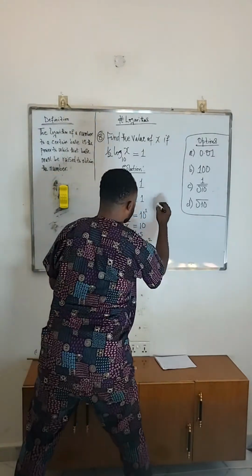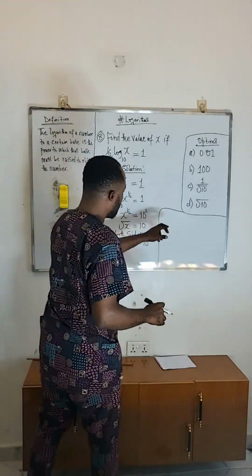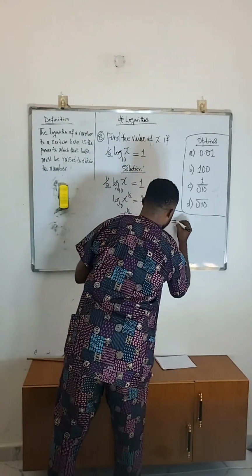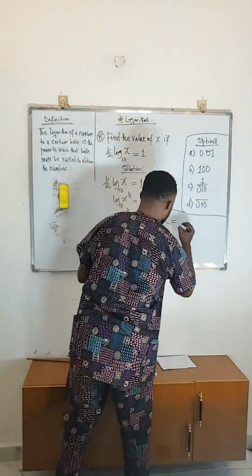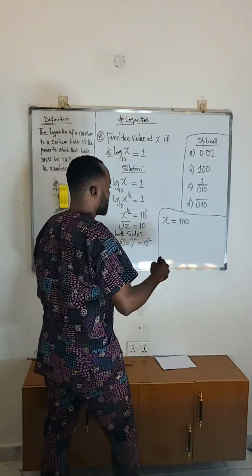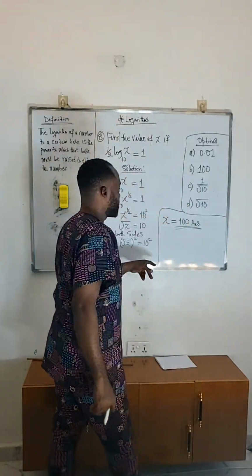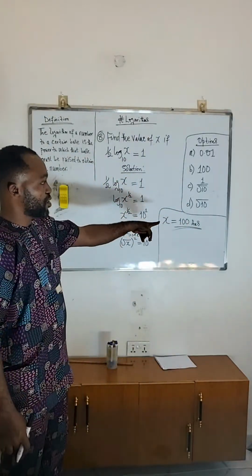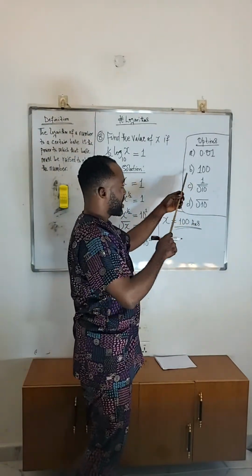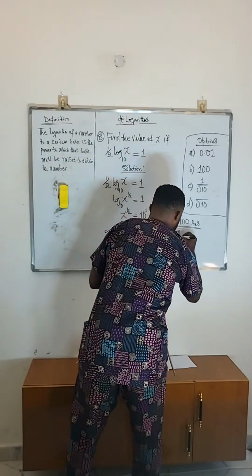Therefore, x is going to be 10 raised to the power of 2. It's going to be what? 100. So this becomes the right option. So x equals 100, and that is option B. Option B becomes the right option.